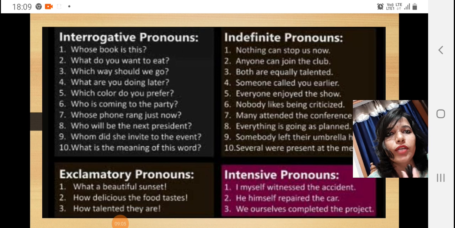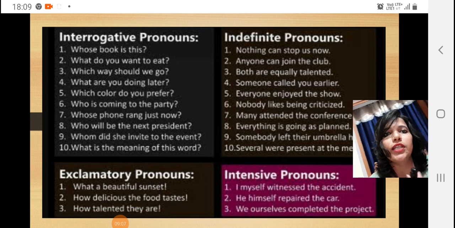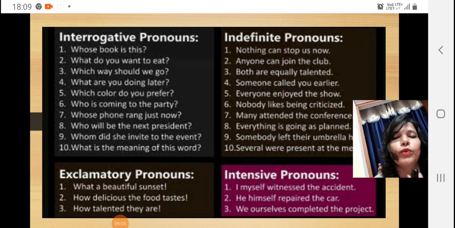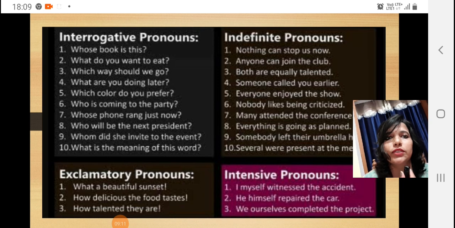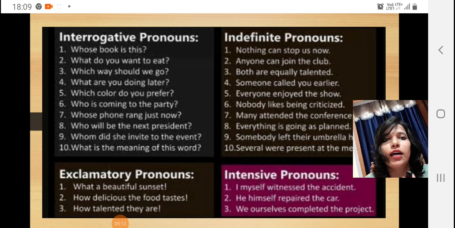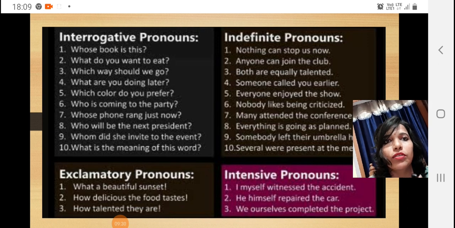Next are interrogative pronouns. In interrogative, you can see whose book. Now you have to understand one thing: whose book is an interrogative adjective, not a pronoun. Immediately, if a question word is there and the next word is a noun, then in that case it will not be an interrogative pronoun but an interrogative adjective.